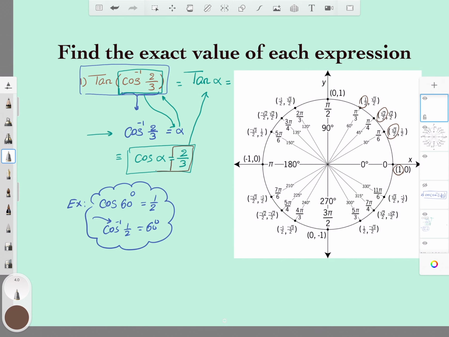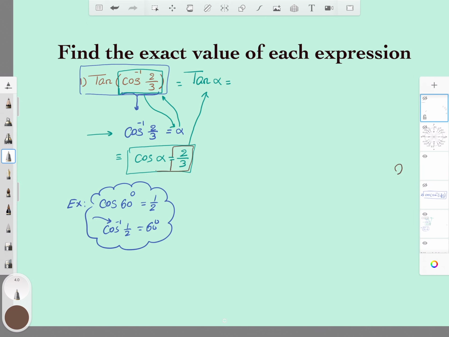So you don't see 2 over 3. And they ask us to find the exact value, which means we cannot use the calculator. So in this case, we need to draw a triangle.